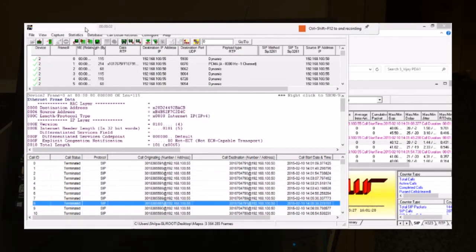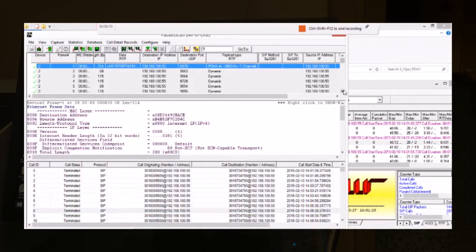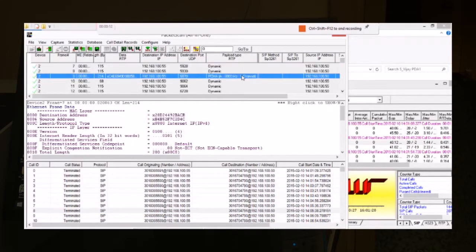Okay, our PacketScan analyzer, as we had said earlier, consists of two main screens. One is called our main analyzer. That's this screen. Here, we're showing all of the Ethernet frames one by one.